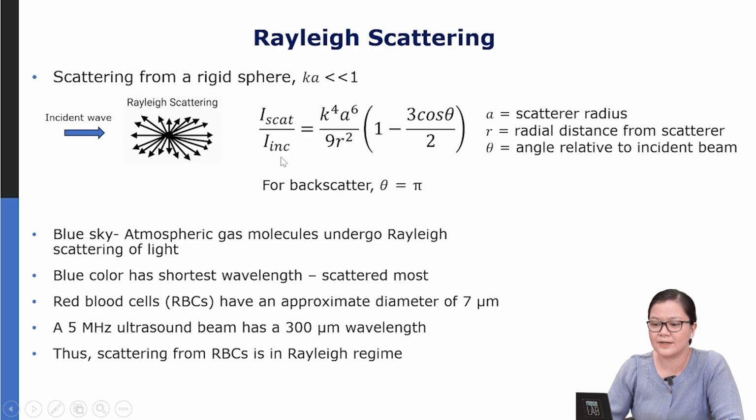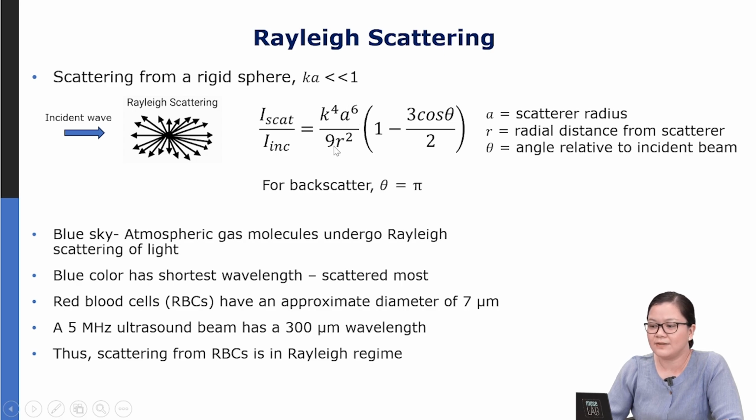So we can see here, we have a fraction of the scattered intensity over the incident intensity, and that is a function of the wave number to the 4th power and the scatterer radius, or the radius of the object that we're imaging, up to the 6th power.